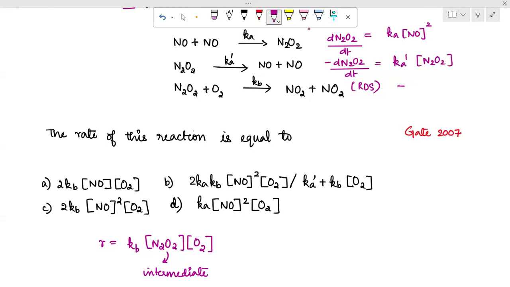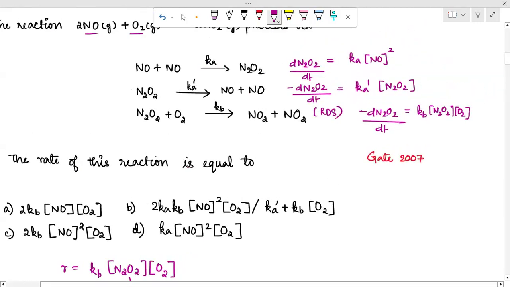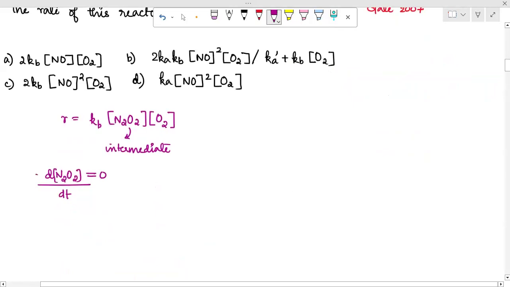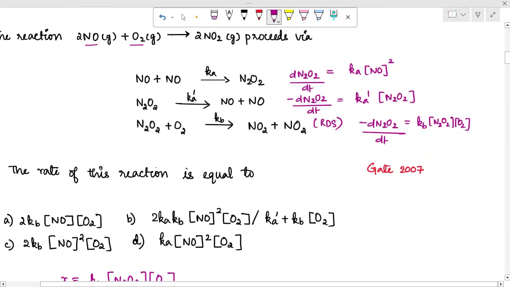And in the last step as well, N2O2 is disappearing, and I can write it as Kb into N2O2 into concentration of O2. Correct. Now what I need is positive d[N2O2]/dt. And here there is a minus, I can take it to the right, so this becomes plus. I'll take this negative to the right, so this becomes plus over here. Correct?